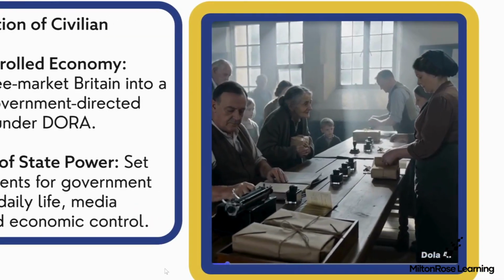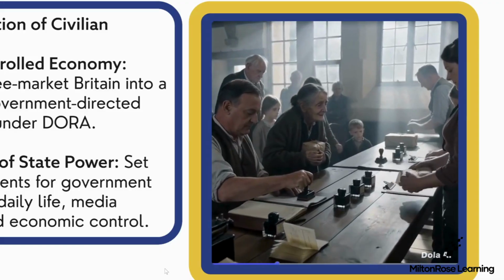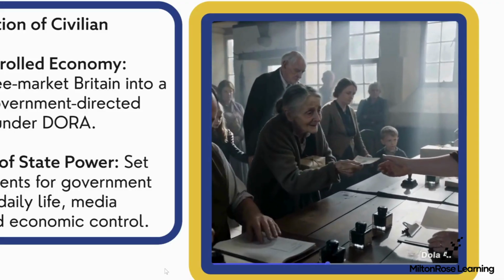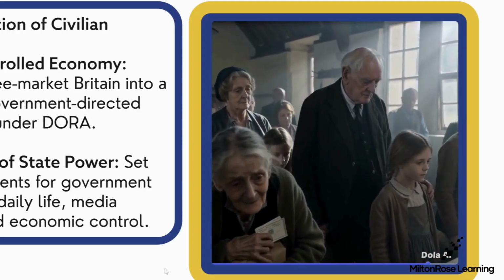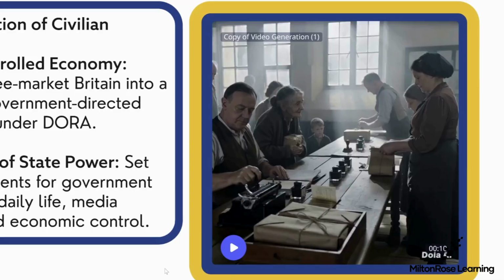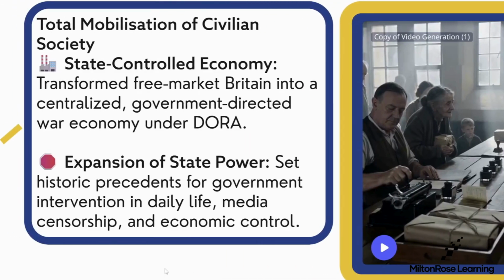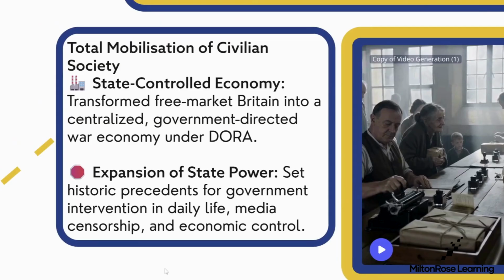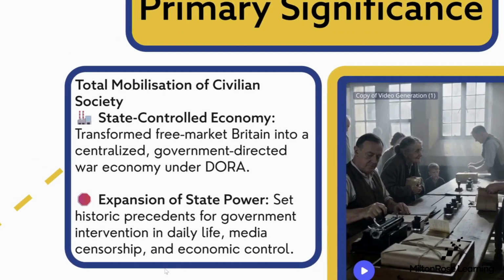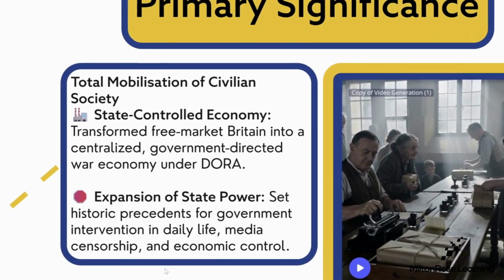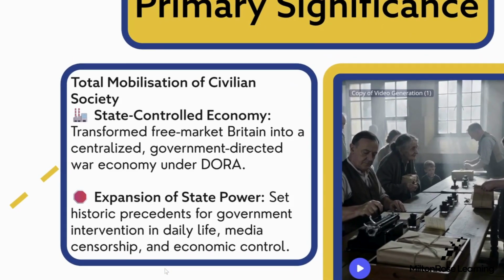And as you can see here, these are rations and ration cards being issued. So the state really gets involved, even to the point of controlling what you eat and how much, your calorie intake. I think it's a massive shift. Also, there's an expansion of state power generally, so it set historic precedents for government intervention into your daily lives: media censorship, full economic control, what you eat, when you eat it.